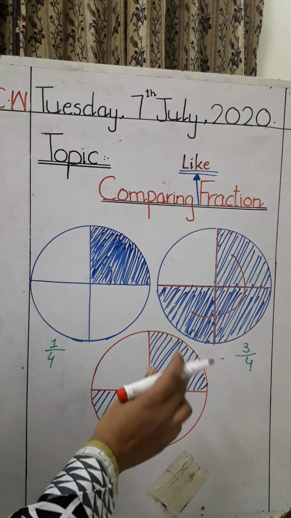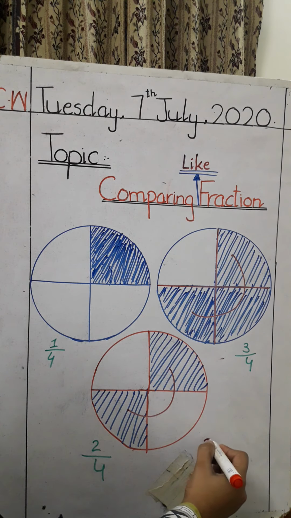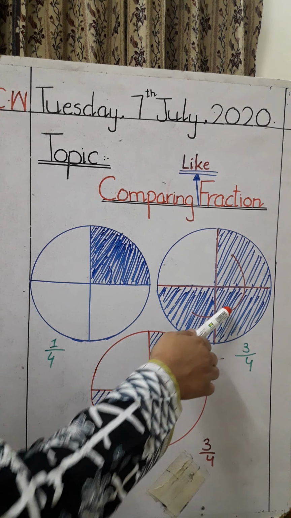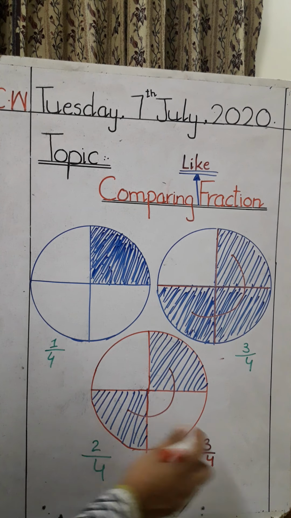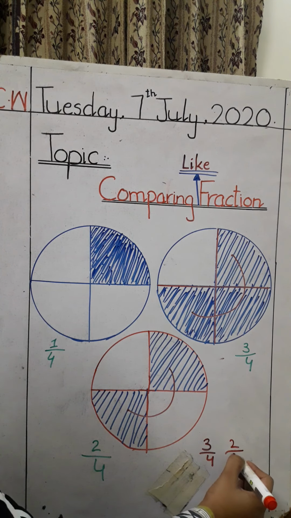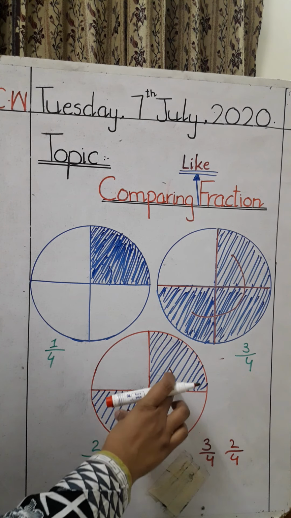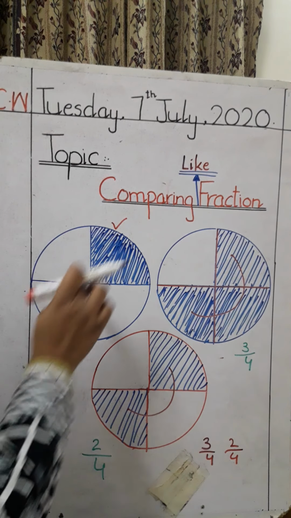So first we will write 3 by 4, and then this portion is bigger than 2 by 4, so the second will be 2 by 4, and this colored area is bigger than this area, so in the last we will write 1 by 4.